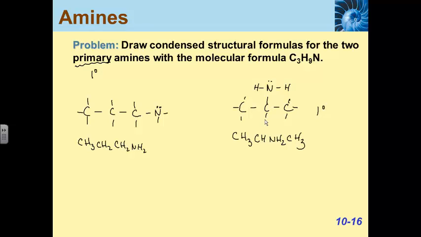But I'm placing it on the second carbon in the 3-carbon chain. And now we've created 2 different structures by placing the amine group either on the first carbon or on the second carbon, making them both primary, but the location of the NH2 group would indeed be different.